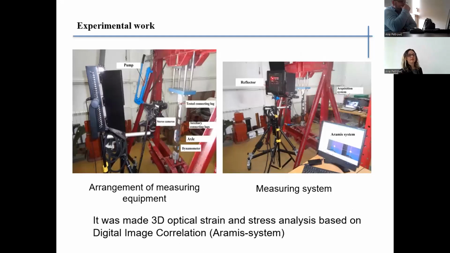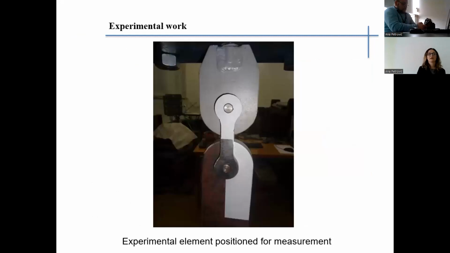It was made 3D optical strain and stress analysis based on the digital image correlation system. The arrangement of measuring equipment and the measuring system are shown on these figures. Here is the experimental element positioned for measurement. That is the stochastic pattern.